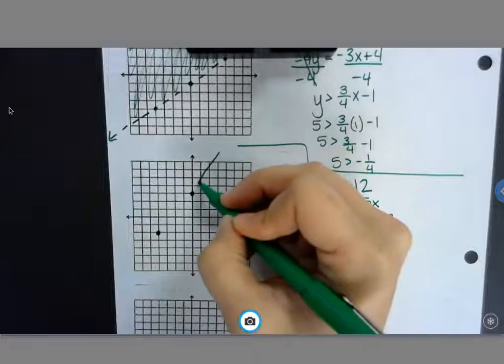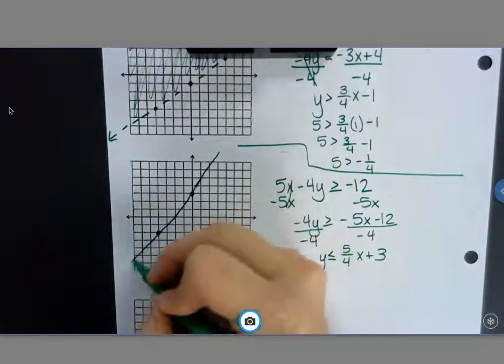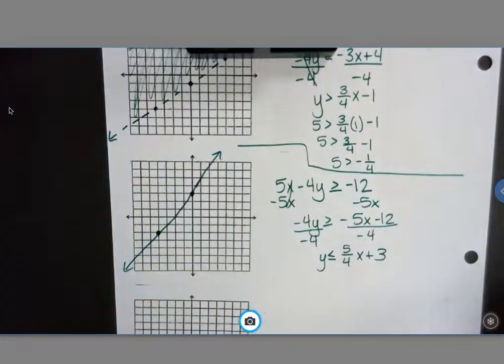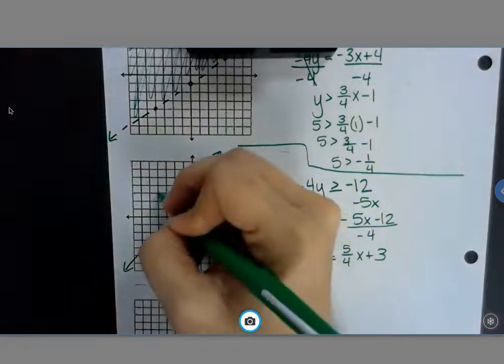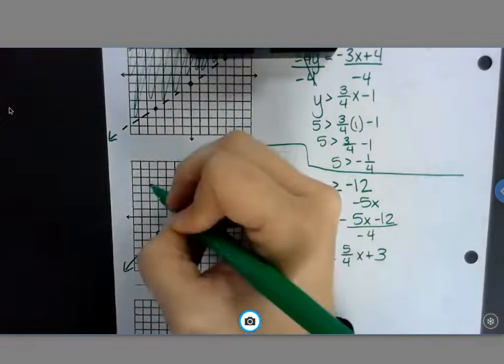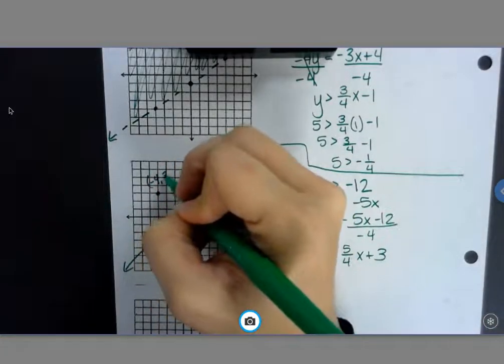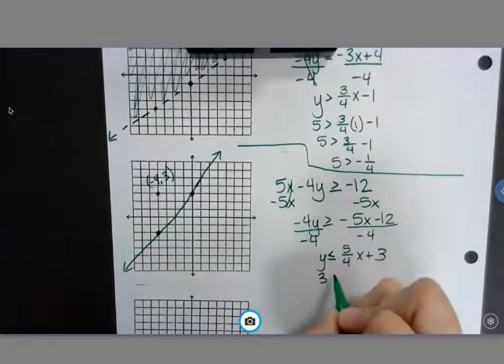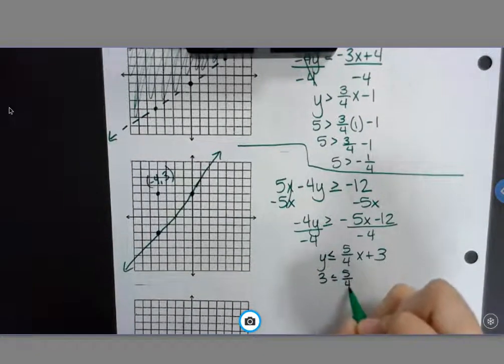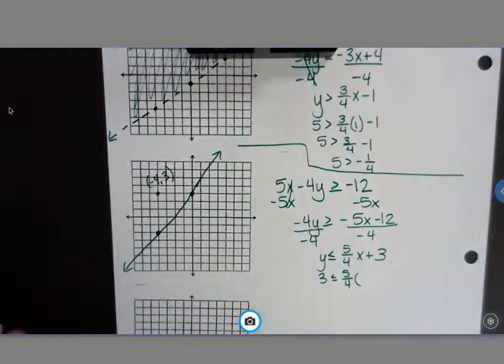Solid line. Oops. I'm going to pick this point right here. So what's that? Negative 4, 3. And you can plug it back into the original one.